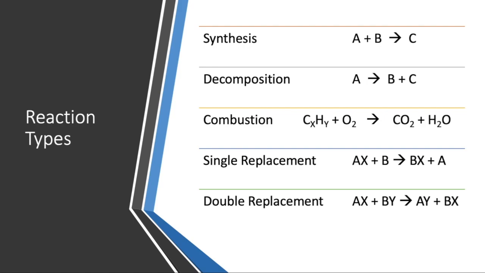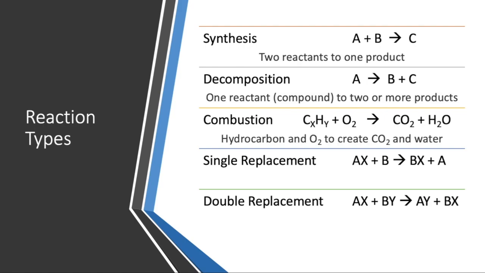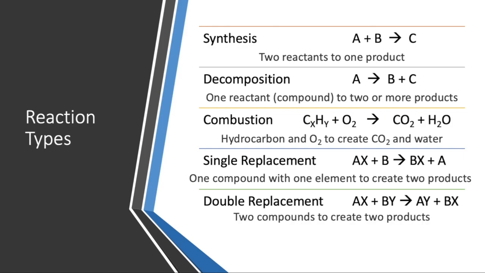There are several reaction types that you should be aware of, and we'll talk a little bit more about this when we do the next experiment with all the different reaction types. But essentially, synthesis, decomposition, combustion, single replacement, and double replacement are all types of reactions that you can do in general chemistry or inorganic chemistry.